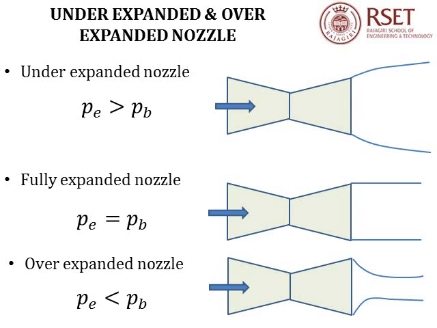Next, we have the exit plane pressure less than the back pressure. In this case, there are shock waves that exist at the region just outside the nozzle exit plane, because of which the flow gets converged inwards.